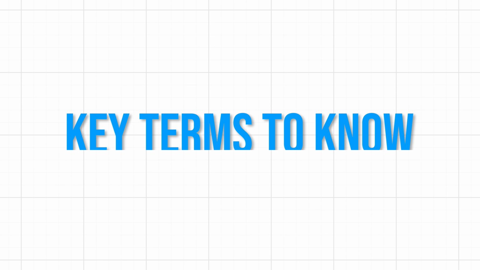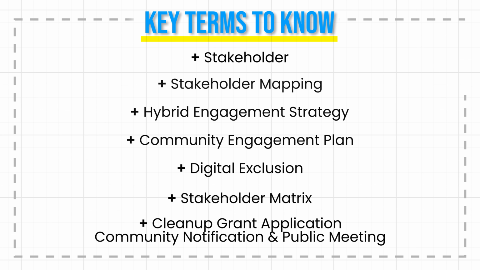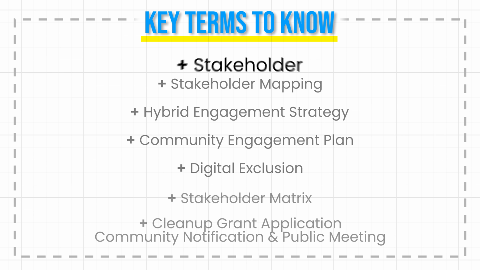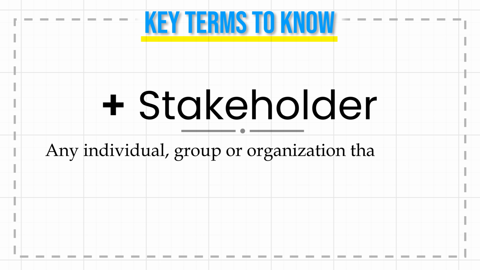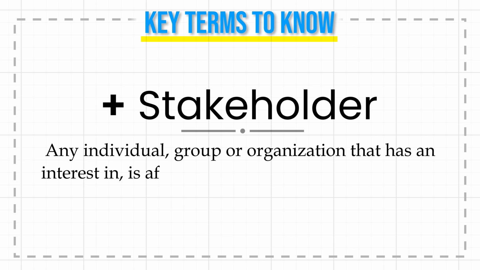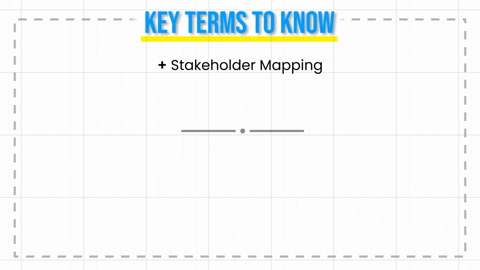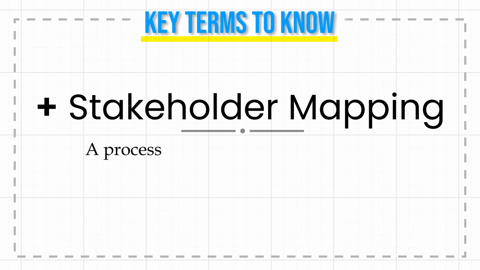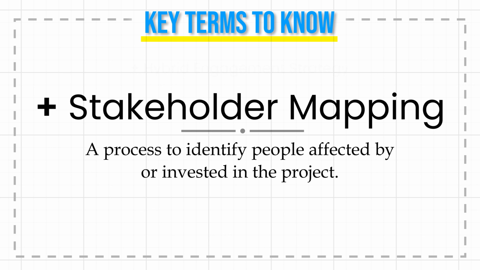Now, before we dive into the steps of community outreach, let's quickly go over some key terms to know. Stakeholder. Any individual, group, or organization that has an interest in, is affected by, or can influence a project. Stakeholder Mapping. A process to identify people affected by or invested in the project.